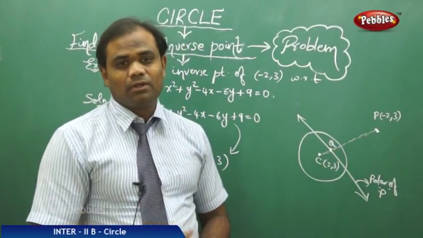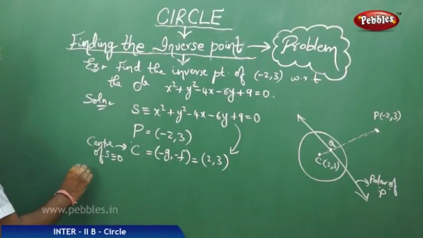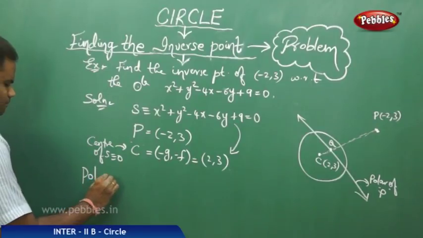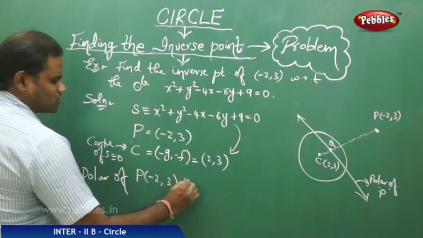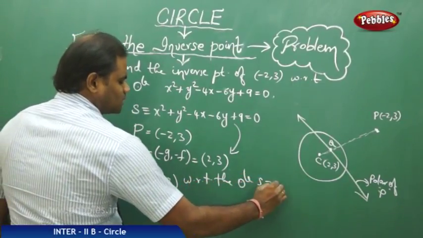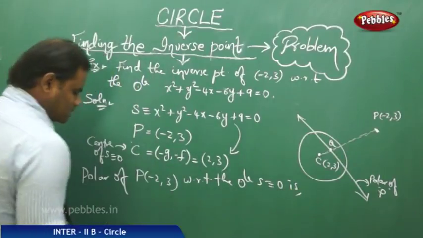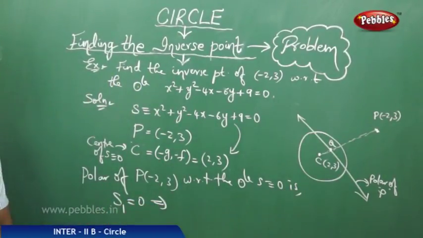So let's see how we can find each of them. Initially, the polar of P (-2, 3) with respect to the circle S equal to 0 is S1 equal to 0, using the formula.